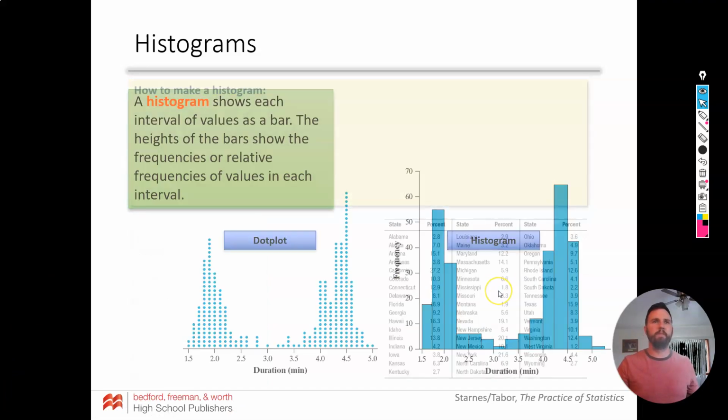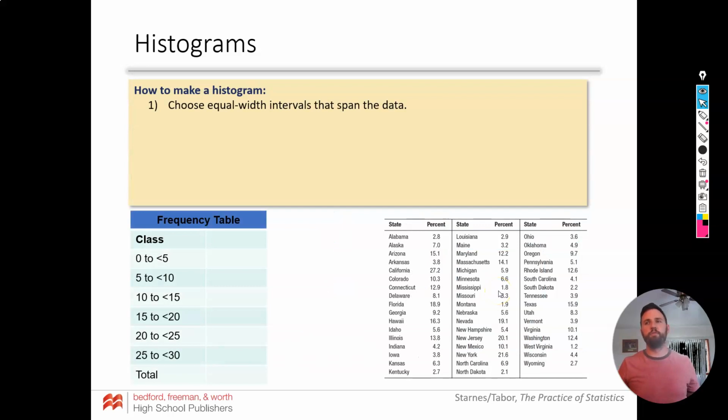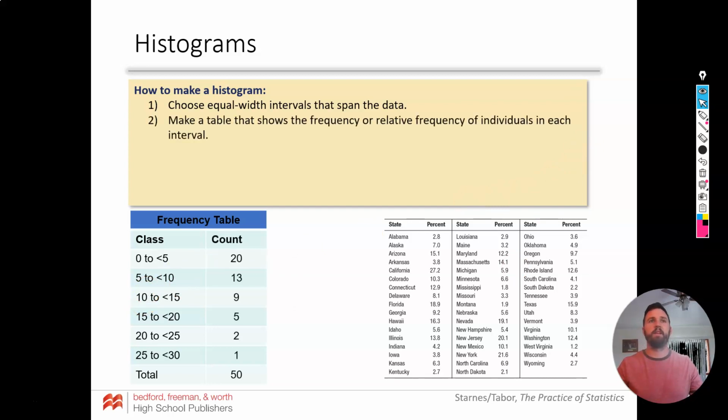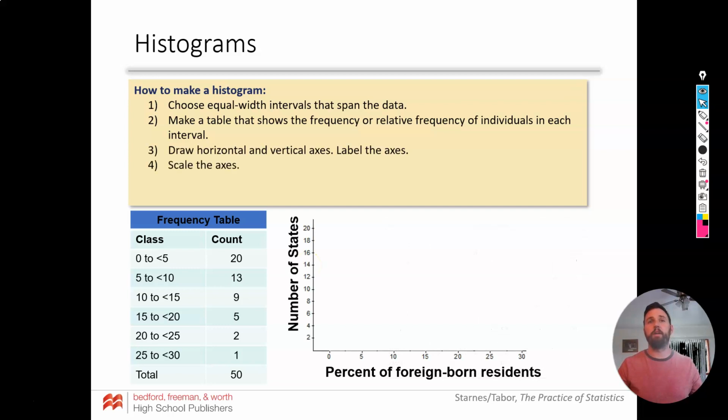So for this one, I'm going to choose widths of 5. So from 0 to less than 5, 5 to less than 10, 10 to less than 15. You could make it by 2s. There's a lot of ways to do it. And then we're going to count up how many were between 0 and 5, how many were between 5 and 10, and so on and so forth. And then we make our, not bar graph, but histogram.